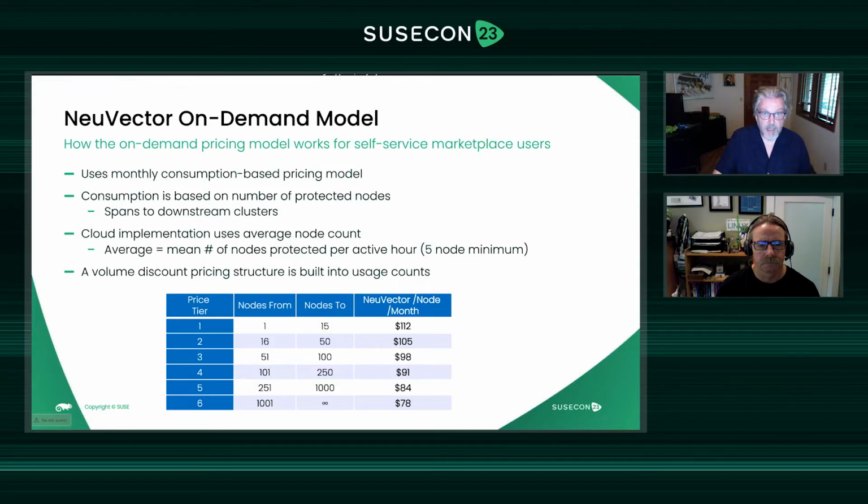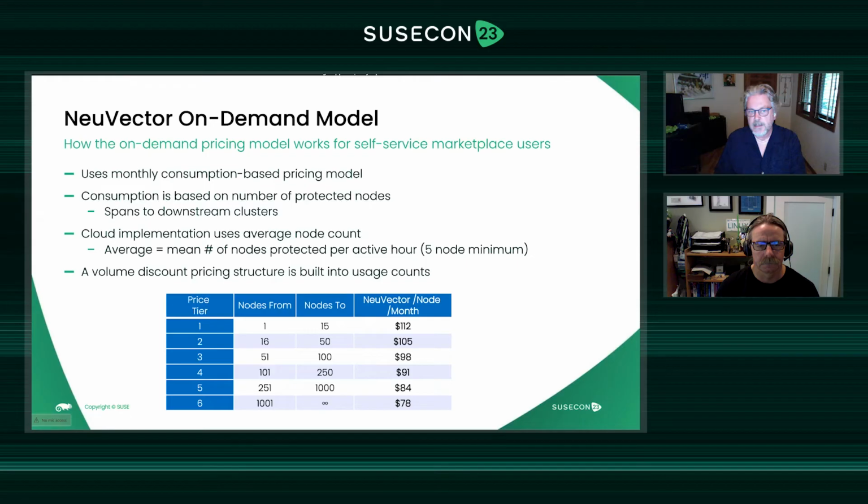It's an average node count of the nodes while the product is in use, and it will then use a volume discount pricing structure to calculate the pricing. This is a key difference because it's not really tiered pricing on Azure and in AWS. It's a volume pricing model.